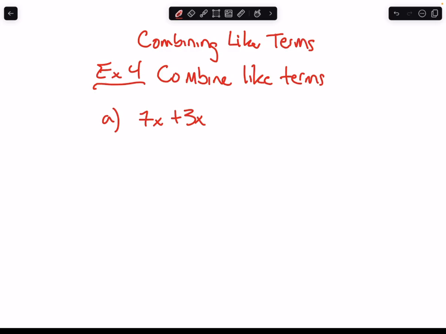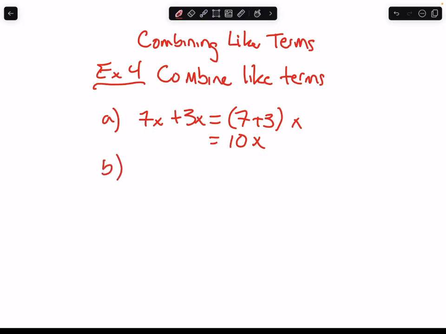The way we can look at this is through the lens of the distributive property. That's the same thing as saying 7 plus 3 times x. Well, 7 plus 3 is 10, so we get 10x. Notice that the power on x is the same. We have x to the 1 power in both cases, so we can just add the coefficients. That's what we're really seeing: 7x plus 3x is 10x.